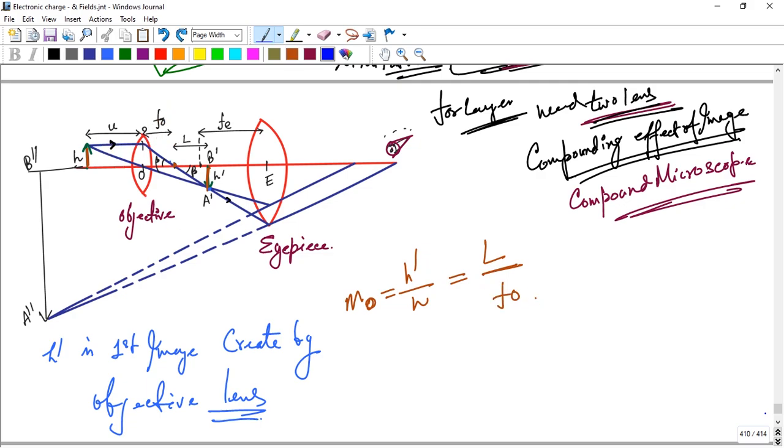Now here you get an important question for 1 mark in the board exam, that is the tube length. What is tube length?